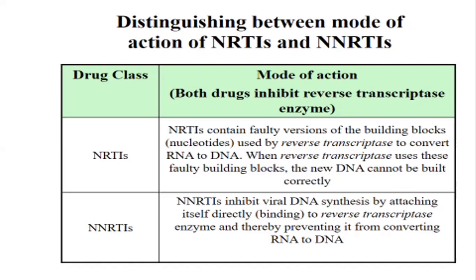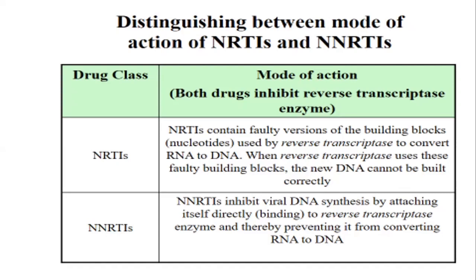Once these building blocks are used by the HIV reverse transcriptase enzyme, it will make a fake DNA, or a DNA that is not built up correctly. Therefore, that DNA cannot be used to multiply and form new genomes or new virions.